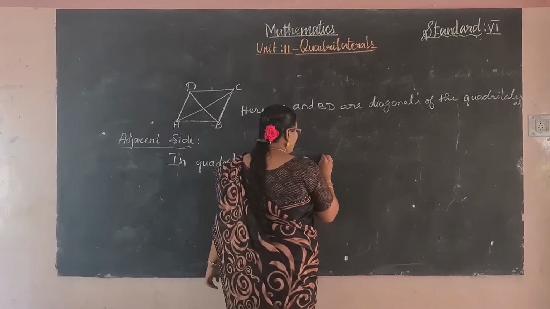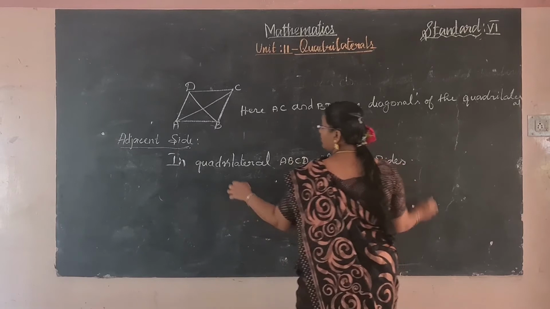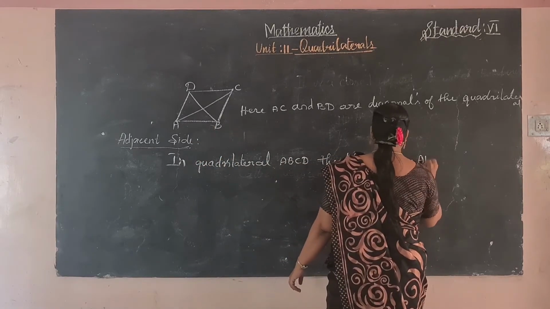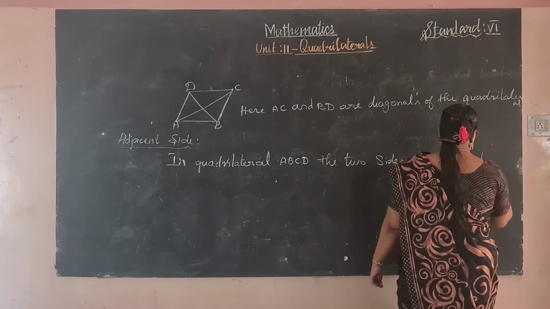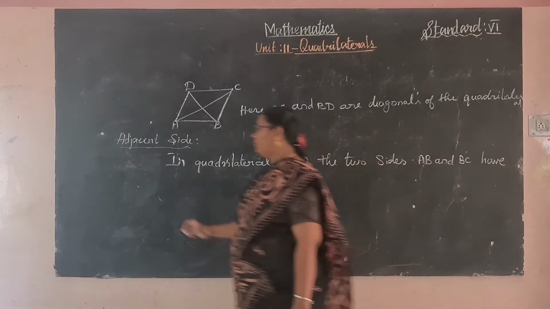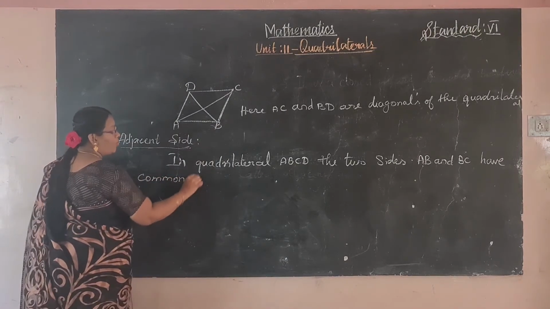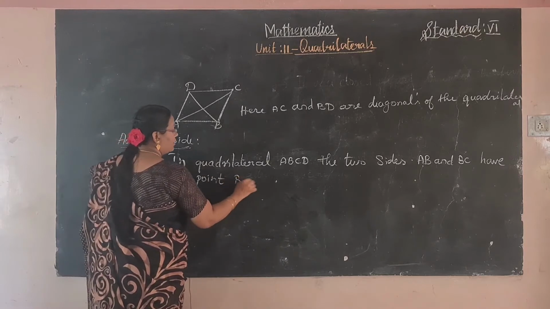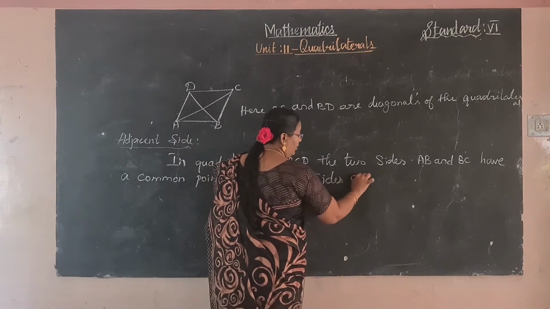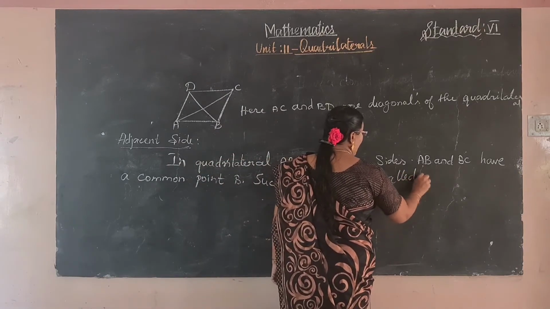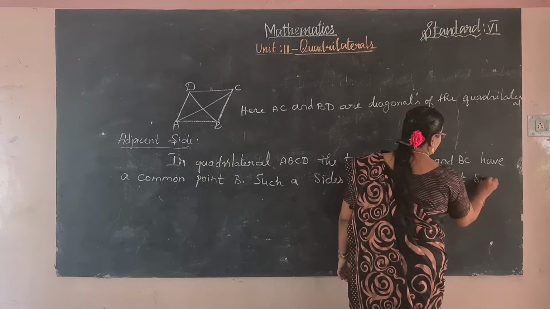The two sides, what are the sides here? AB and BC have a common point B. Such sides are called adjacent sides.